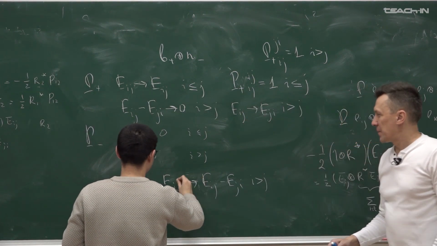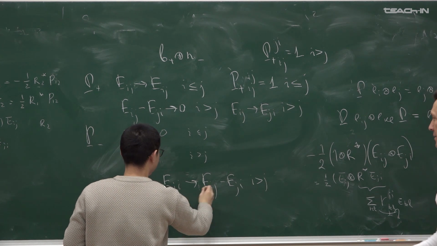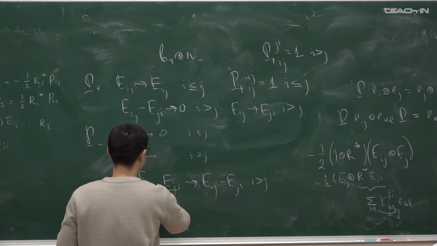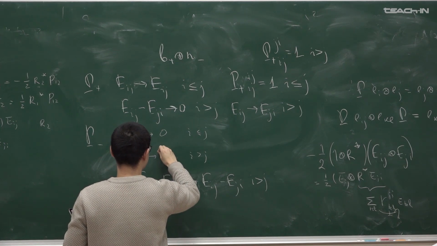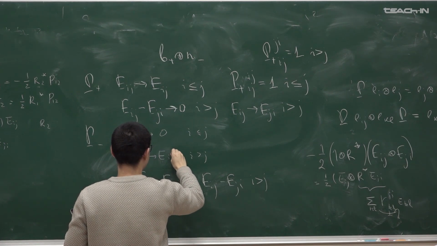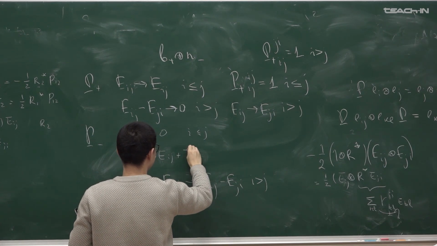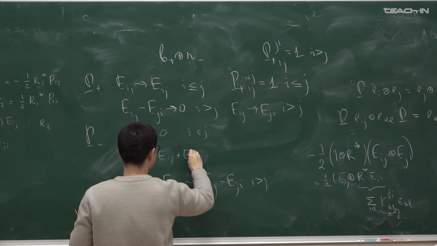So if this goes to 0, then this Eij must be sent to Eij plus Eji.